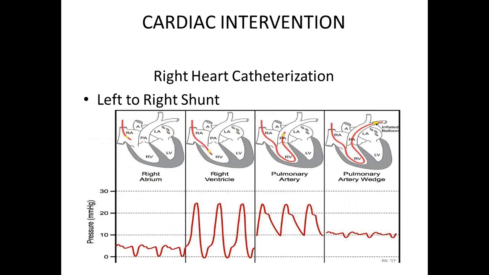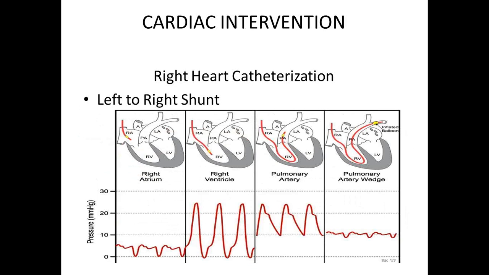We also look at the blood flow. We can calculate cardiac output using the right heart cath, looking at oxygen consumption and arteriovenous oxygen content. A very important use of the right heart cath is to measure pressures.